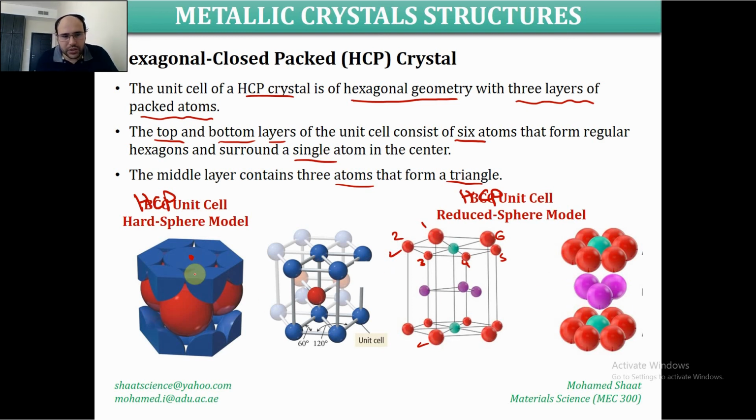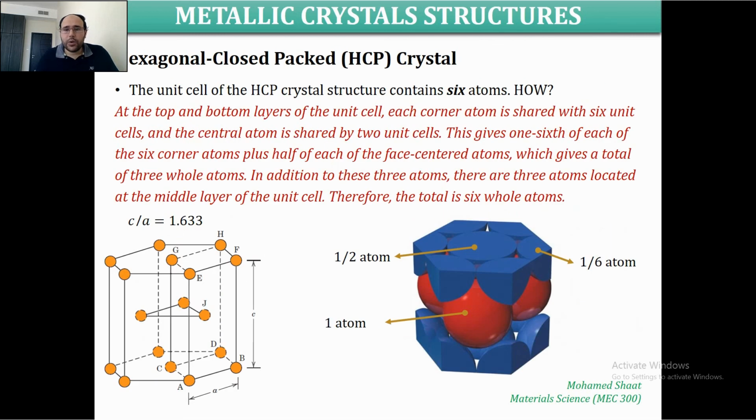So we have 1 in the center and 1 at every corner of the top and bottom surface, and 3 that form a specific triangle in the core, in the middle. As here, these are the 3 atoms located in the middle layer, and these are the atoms on the top and the lower surface of the hexagonal closed packed crystal. Make sense? This is from the geometry.